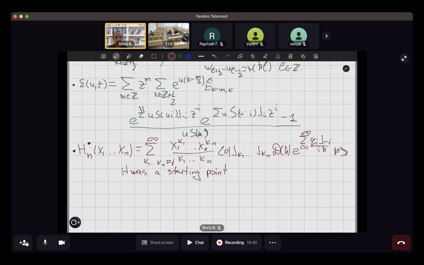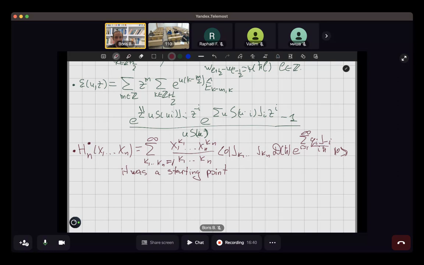Times somewhere f should be, yes, times f of that I suppose. So we have a function f of zi and u.